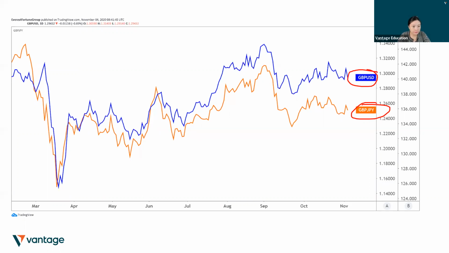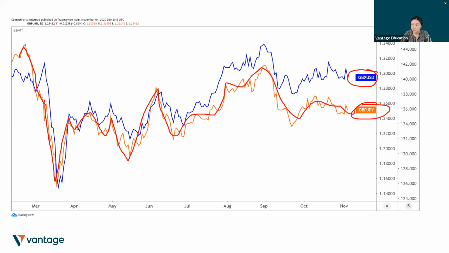Okay, in this case, it is positively correlated because, yes, correct, the orange part, which is my GJ, goes in sync exactly step by step with my GBP USD. They move exactly in tandem every step of the way.